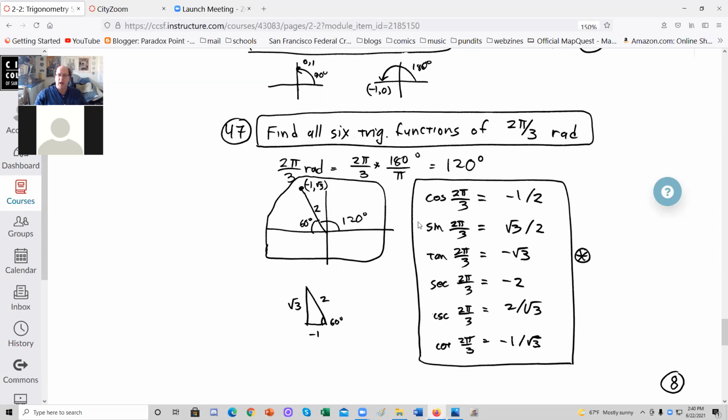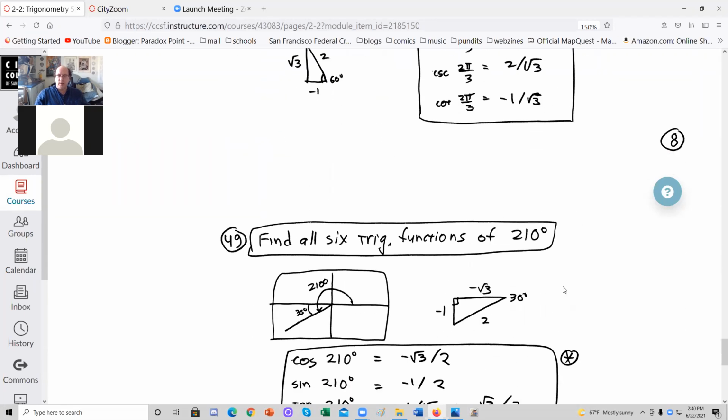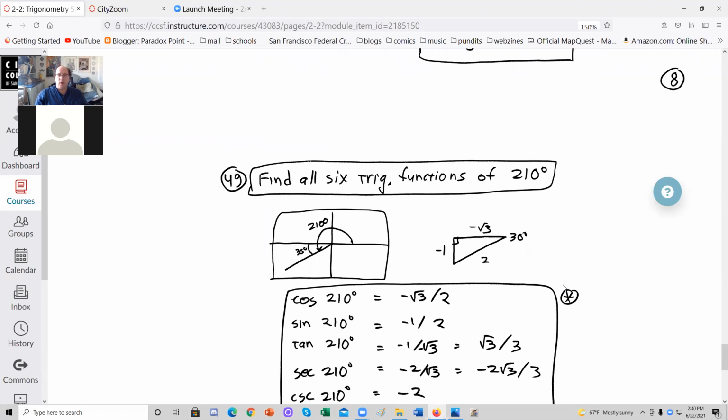Cosecant is the reciprocal of sine. The reciprocal of root 3 over 2 is 2 over root 3. Cotangent is the reciprocal of tangent, so -1 over root 3. And these last two you can rationalize. That's optional.